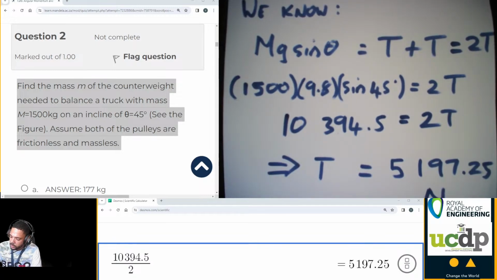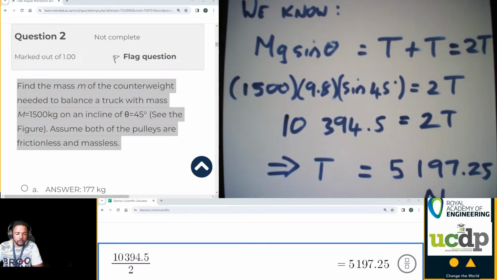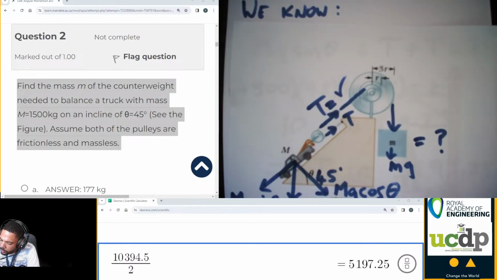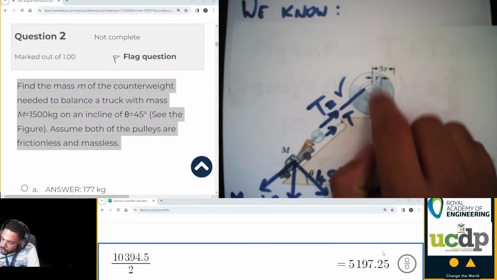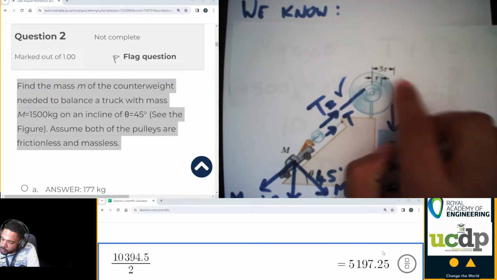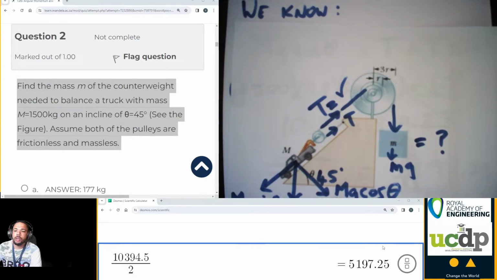So let's see. The radius in this case is the big one, 3R. The radius of that whole circle is 3R.